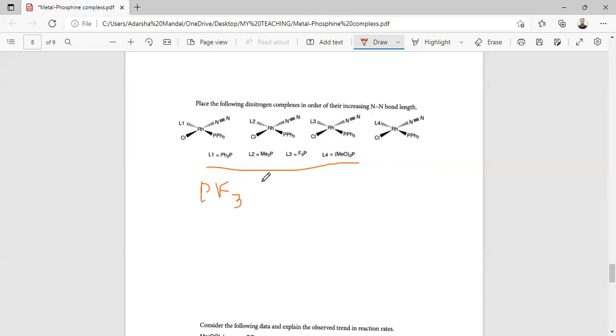PF3 is less donating compared to P(OMe)3, compared to PPh3, compared to PMe3. So PMe3 has more sigma donation property among these four ligands.